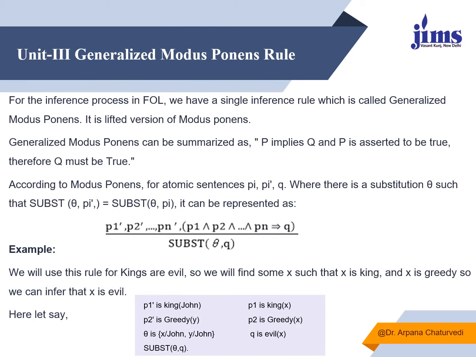Now see, there is a modus ponens rule as we studied earlier. What was that? If P is true and P implies Q is true, then definitely Q is also true. With respect to that, here also we say that if there is a certain set of predicates P1', P2' that are true, and another predicate equivalent to Q is also true, then we can substitute some theta.